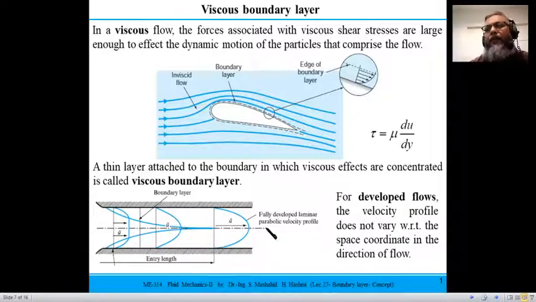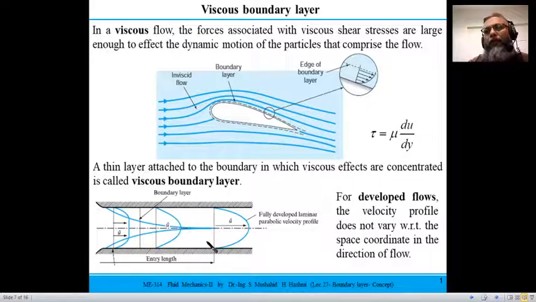After that we call the flow fully developed. It means as you move further forward, your velocity profile is no longer changing in that direction. Such a flow is called fully developed flow.